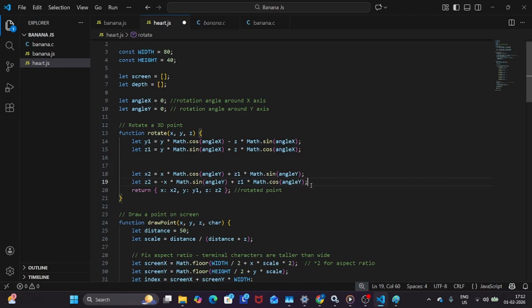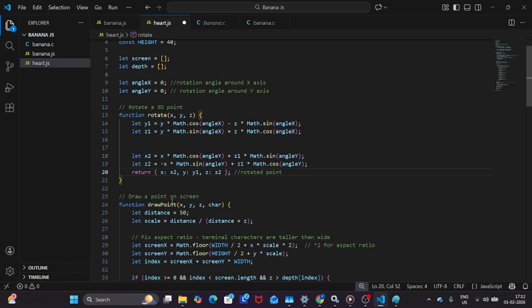What we need to understand is that this returns our new coordinates. As you can see here, these are the rotated points, updated in each frame, like a flip book where you draw each frame. And these coordinates go to draw point.